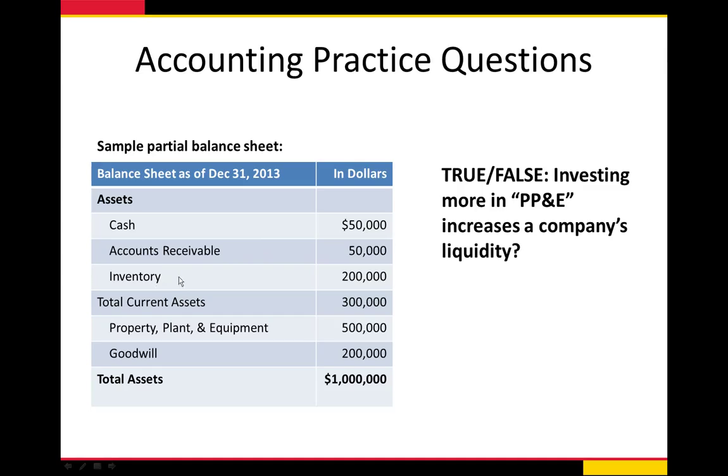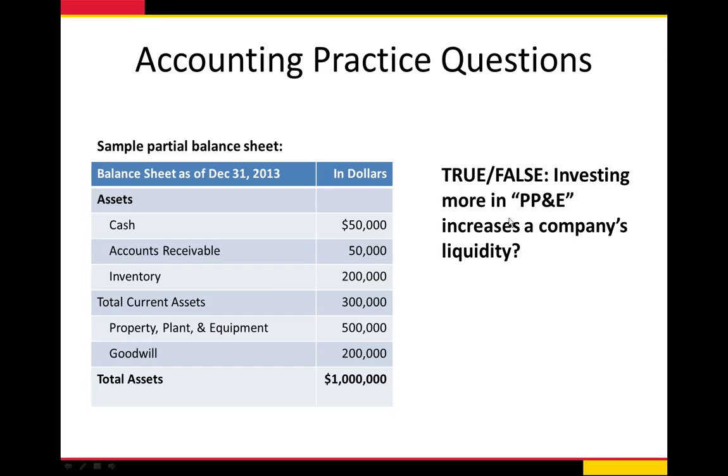What about inventory? Inventory's tough. It's not as long term as a building, but it wouldn't really be part of our quick ratio if we're really wanting to find out how liquid a company is. But it's kind of on a continuum, all the way down to your property, plant, and equipment, and goodwill, things that are a lot harder to sell, and so less liquid.